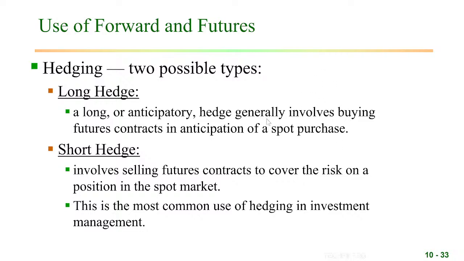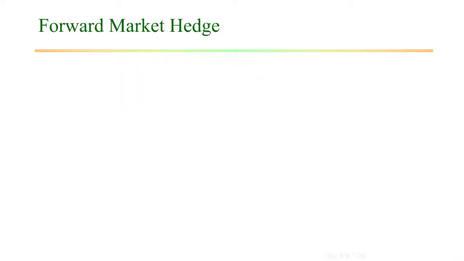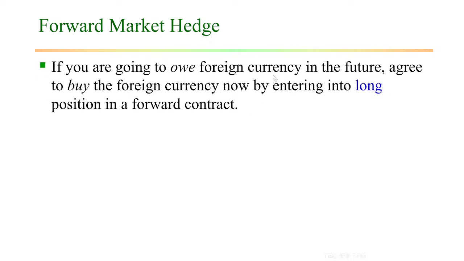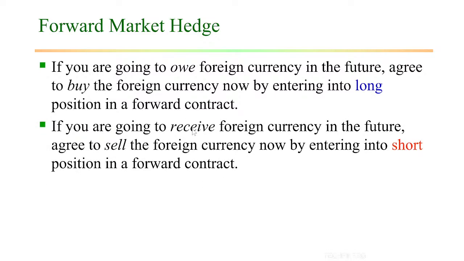So you want to lock that exchange rate so that you buy the futures contract. And a short hedge is kind of the opposite. So if you are going to owe in the future, you take a long position. If you are going to receive, you take a short position.